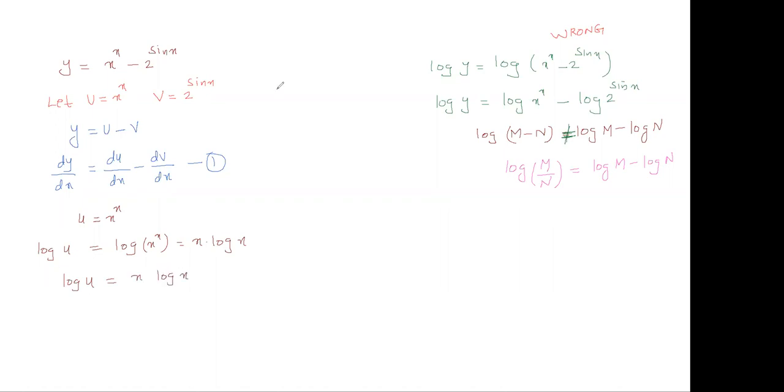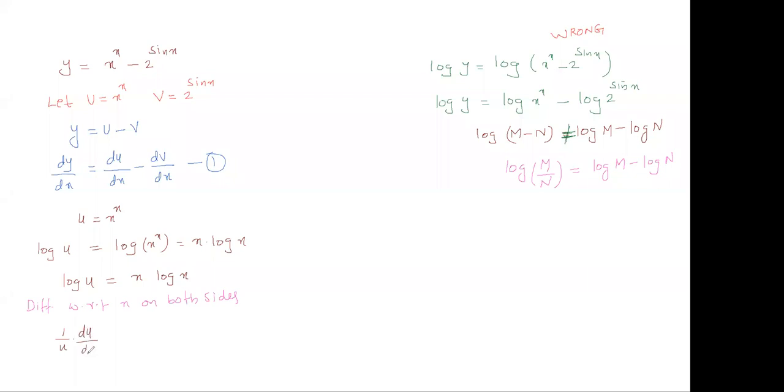Now differentiate with respect to x on both sides. The derivative of log u is 1 by u, but it is of the form log of a function of x, so we multiply by the derivative of u, by the chain rule.